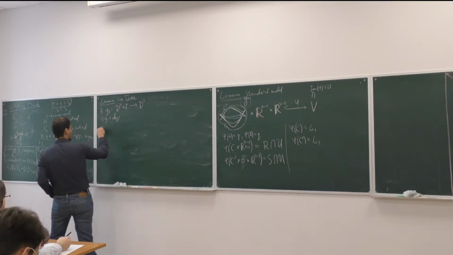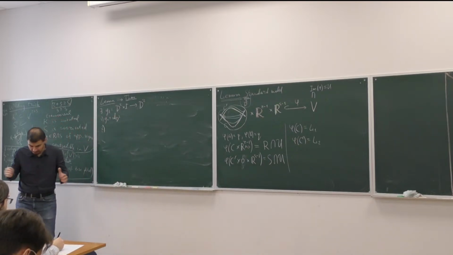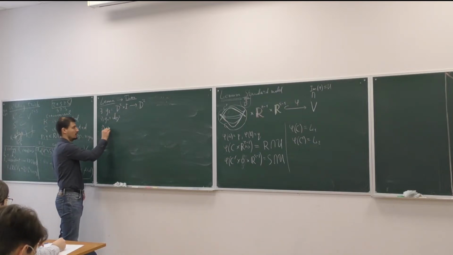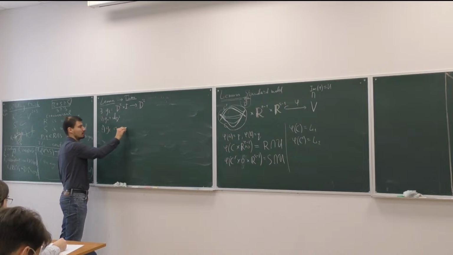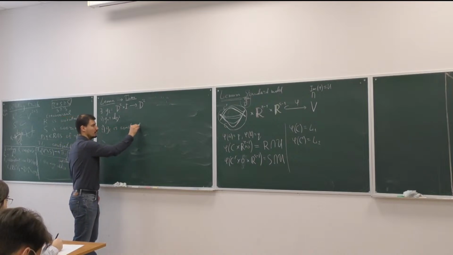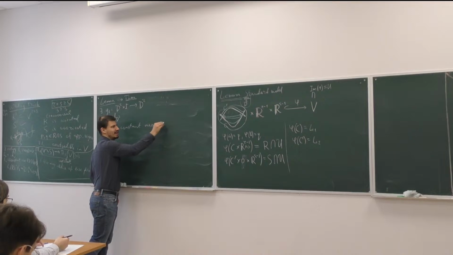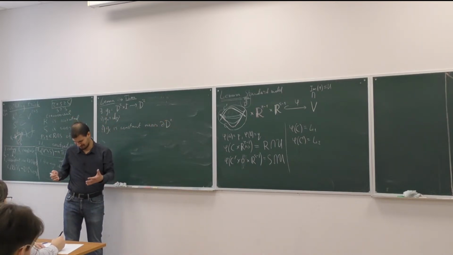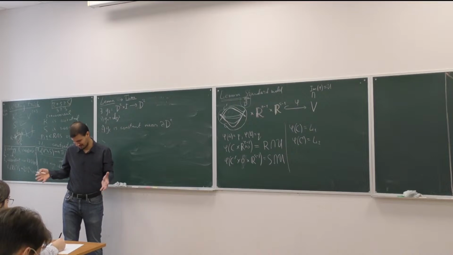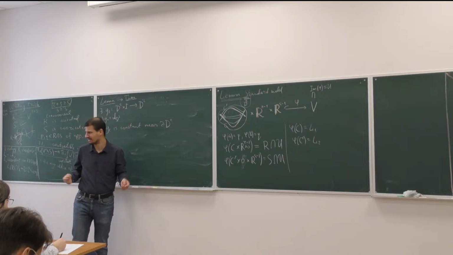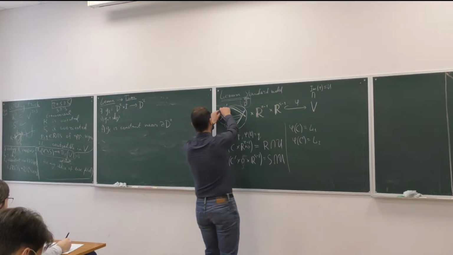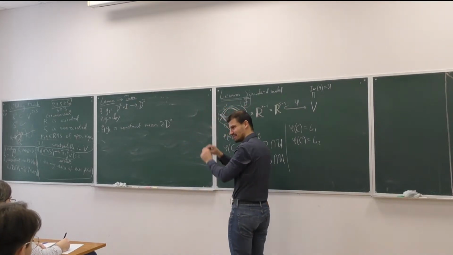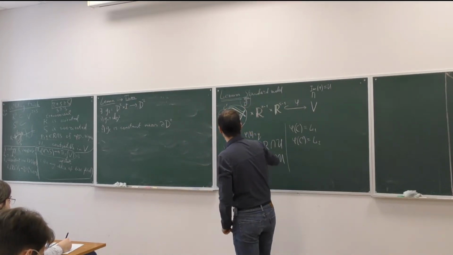Second, it is trivial near the boundary, it is constant near the boundary. I'm sorry, of course an open disk doesn't have a boundary, but I think you understand that it's trivial in some small strip here.